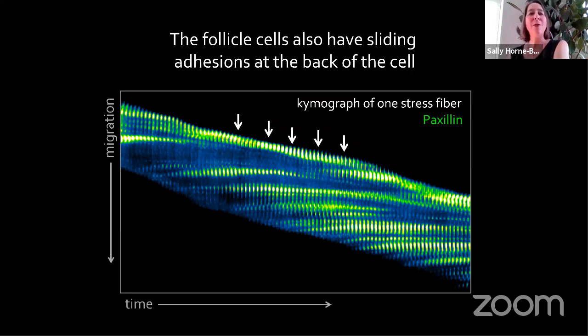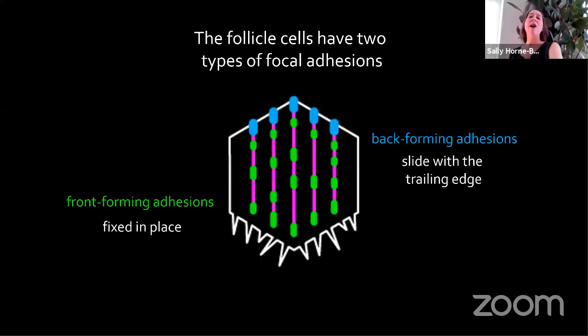Okay, so what we know so far is that not only do these stress fibers have a modular architecture where you can add new adhesions at the front and remove old adhesions at the back, but there's actually two forms of adhesions. There are what we're calling front-forming adhesions that remain fixed in place as the cell migrates over them, and back-forming adhesions that slide with the trailing edge.